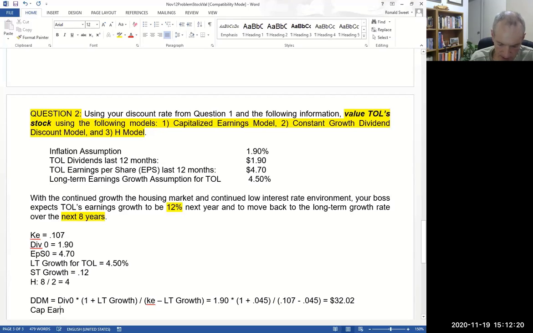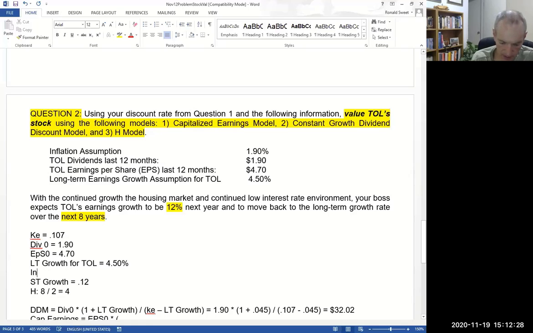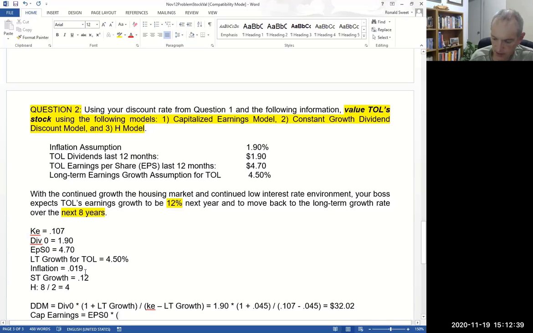The cap earnings, you're going to do EPS 0 times, oh, the one thing I left out of here is inflation. Inflation equals 1.9%. So for this one, we use EPS zero times 1 plus inflation, divided by KE minus inflation.